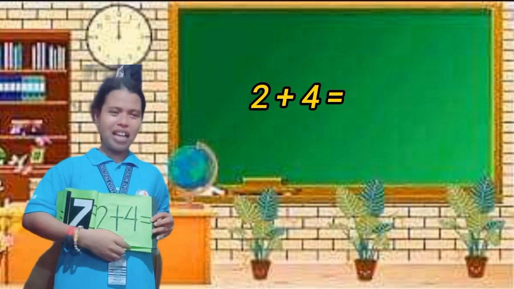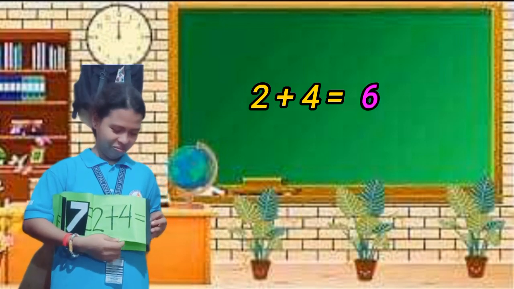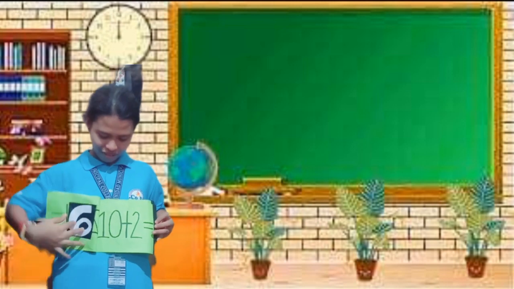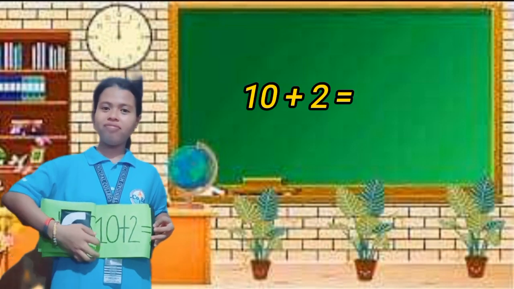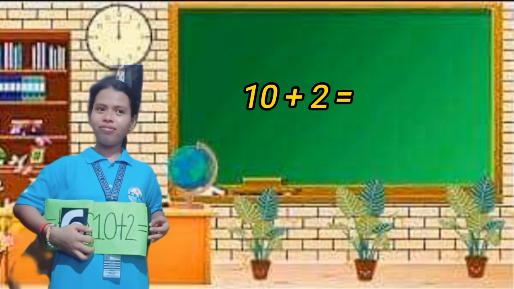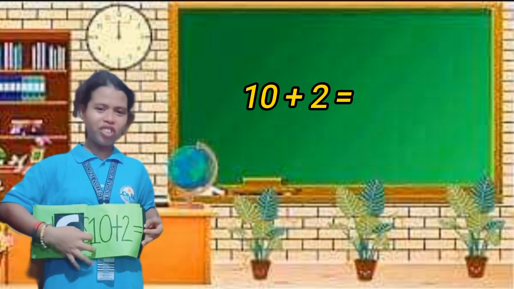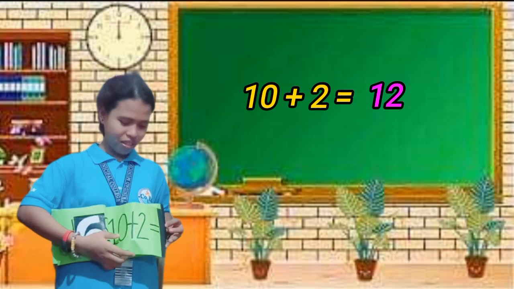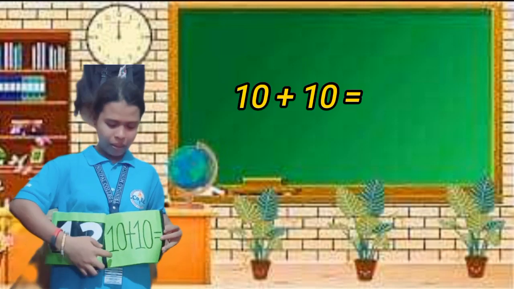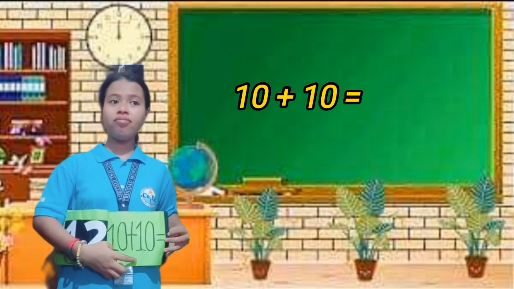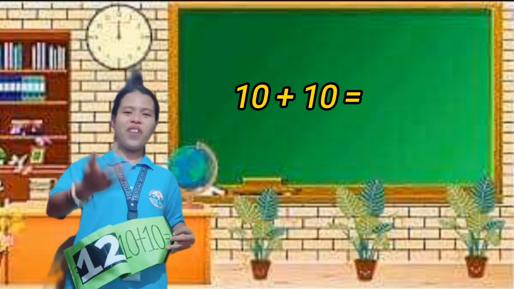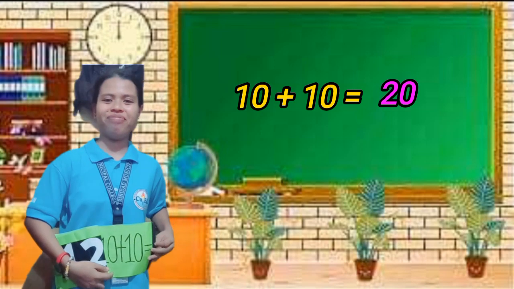Okay, very good. The answer is 6. Next. 10 plus 2 is equals? Okay, very good. The answer is 12. And the last one is 10 plus 10 is equals? Okay, very good. The answer is 20.